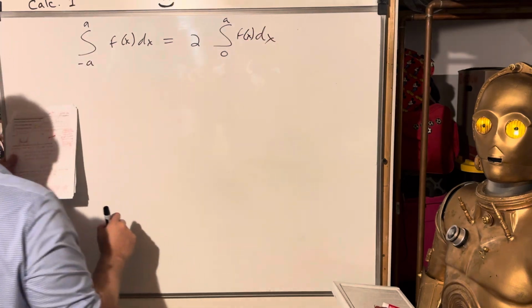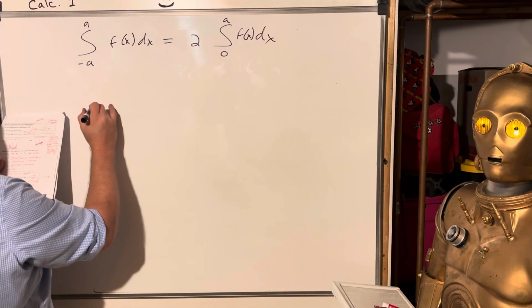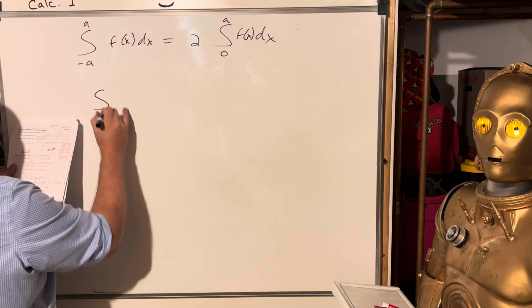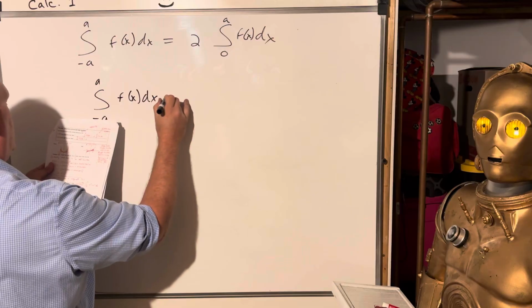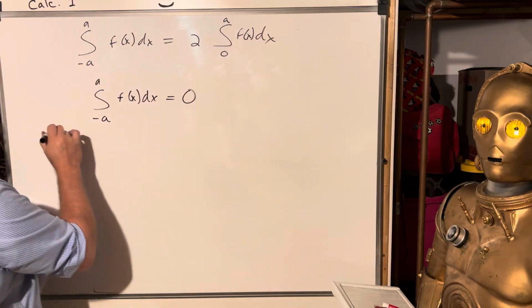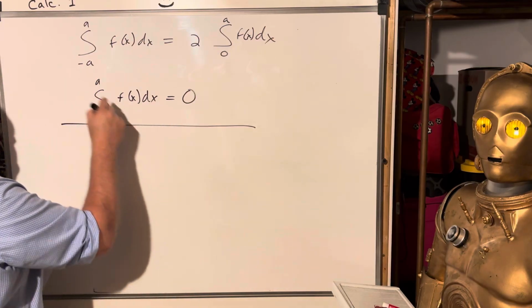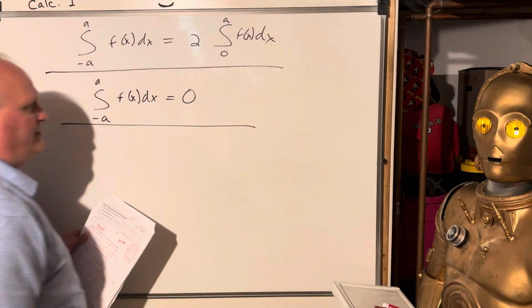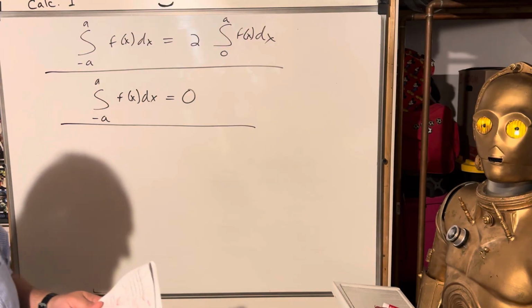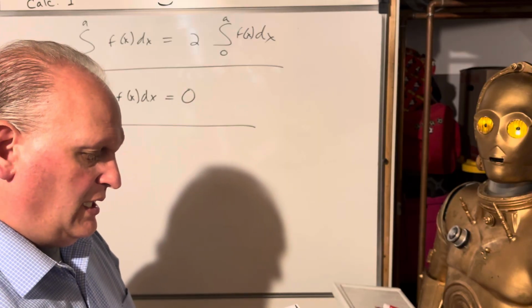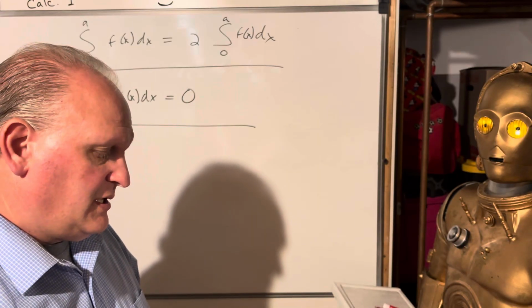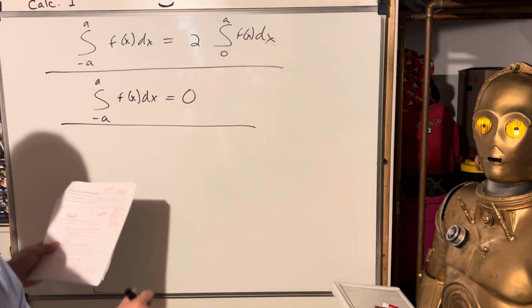If it's an odd function, then negative a to a, f of x dx, that's going to end up to be 0. When it's an odd function, you're going to have the same amount above as below, and an even function is symmetric about the y-axis, so you can just double it.